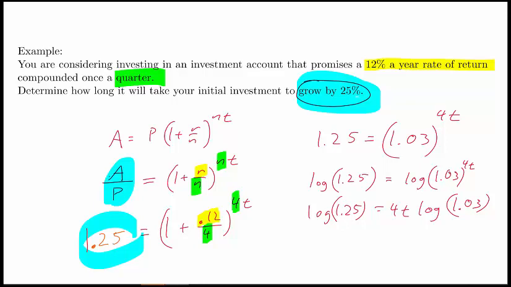Alright, now we divide by everything except for the t, and you'll find that t equals log of 1.25 divided by 4 log of 1.03.